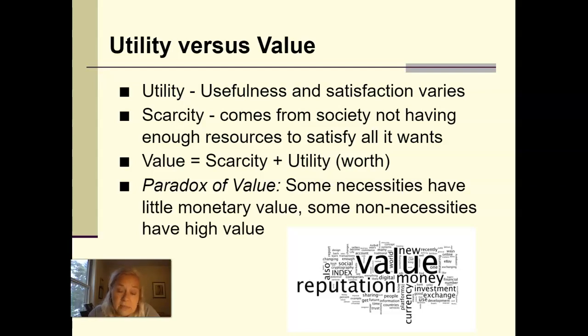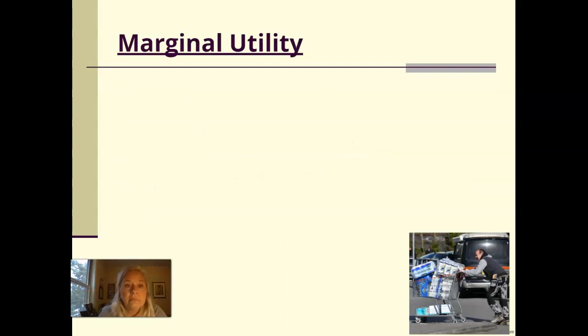But other non-necessities might have high value, like our reputation. That's an important one. Our social status. That's a non-necessity, but we still might place high value on it. So utility, usefulness and satisfaction. Value includes both scarcity and utility, but again, they're not tied to a dollar value.